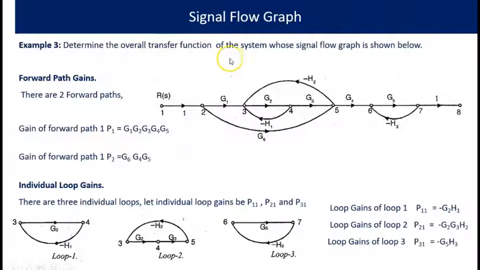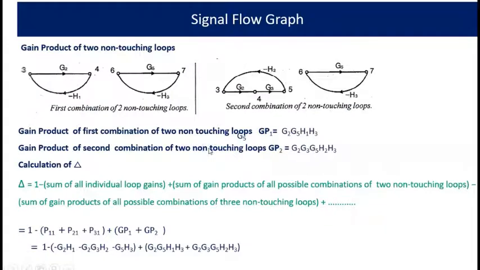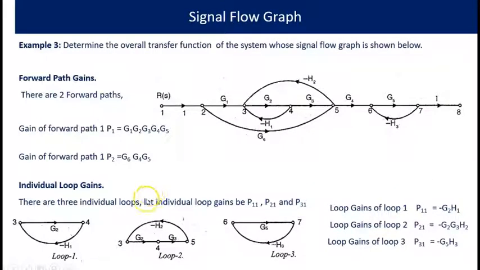Now determine the overall transfer function of the system whose signal flow graph is shown below. Here also, first identify the forward paths, that is G1 G2 G3 G4 G5, and another forward path, G6 G4 G5. Individual loop gains: there are 3 loops. One is G2 minus H1, then G3 minus H2, then G5 minus H3.